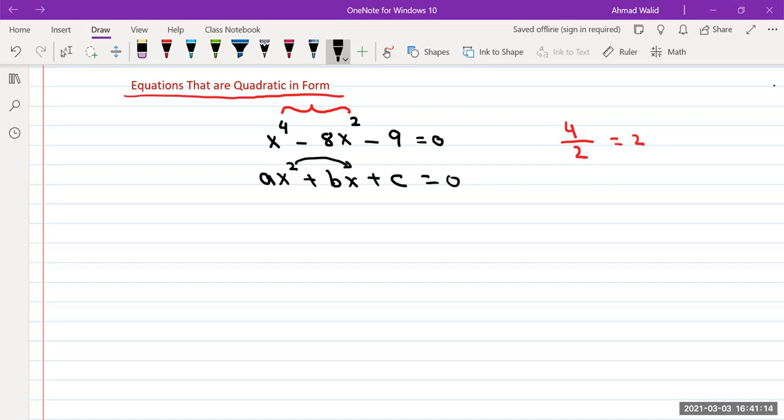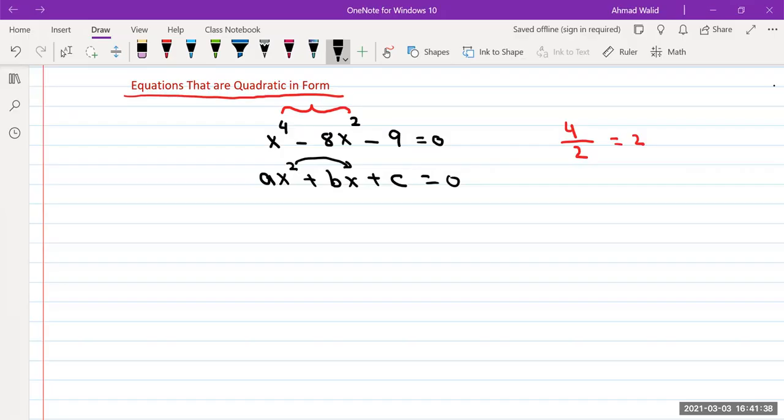That's why we call these equations quadratic in form. They are not quadratic. When you solve, you may end up in this problem with 4 solutions, correct? A quadratic usually has 2 solutions, but here you will end up with 4 solutions. But still, we call them quadratic in form.